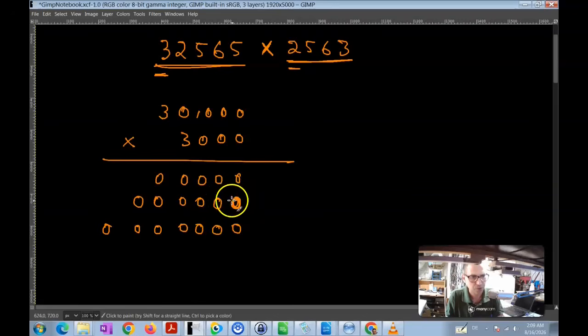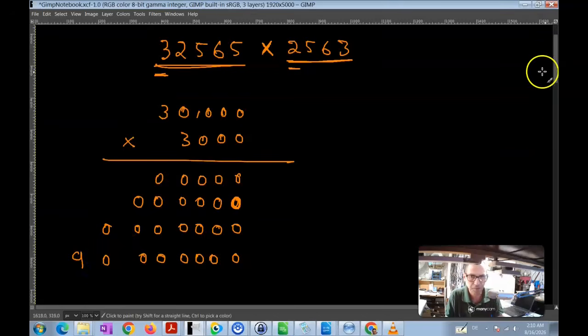And then I put 1, 2, and then 3 zeros over here, and then I multiply 3 by all of these digits, which is 3 times these 4 zeros, so that gives me 4 zeros, and then 3 times 3 is equal to 9.